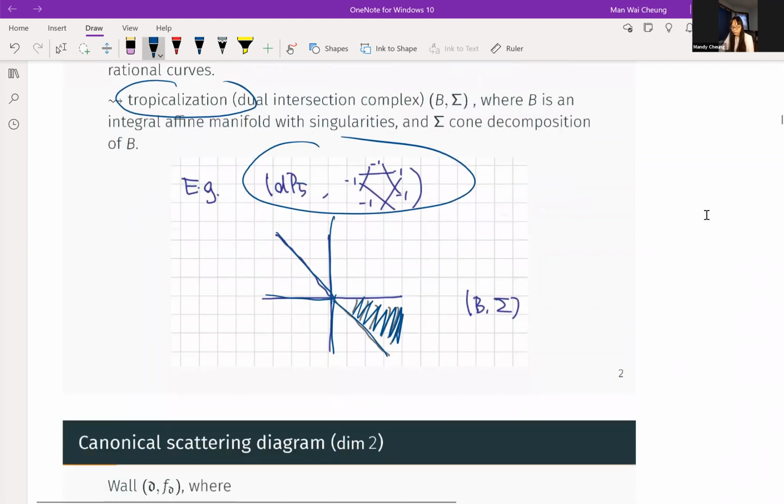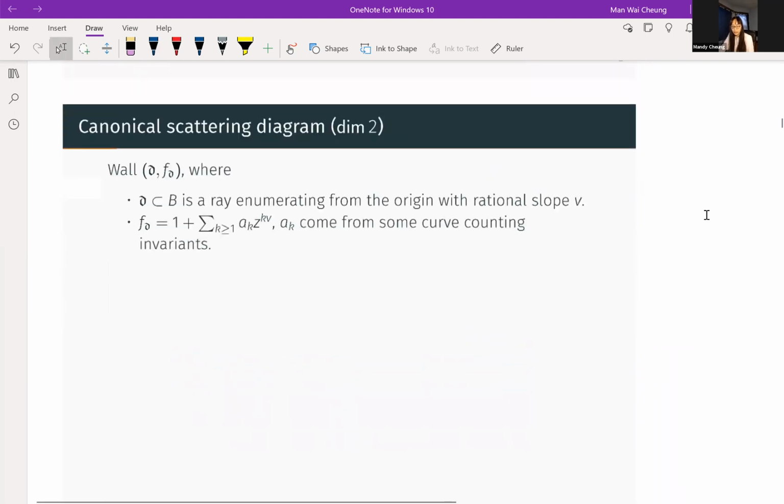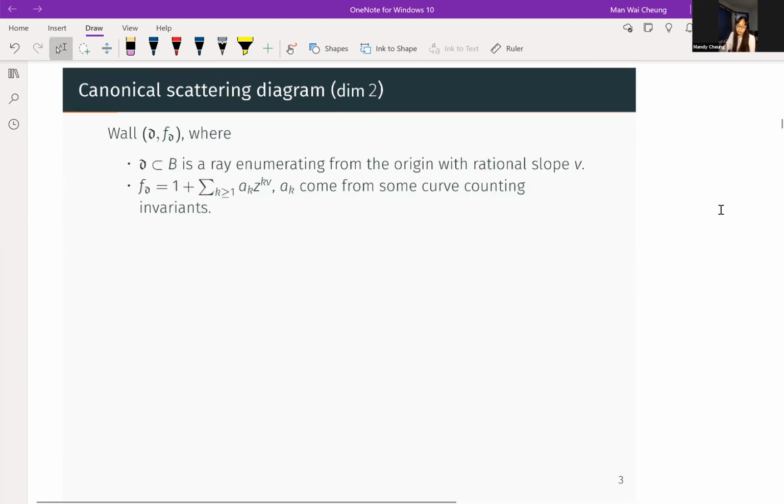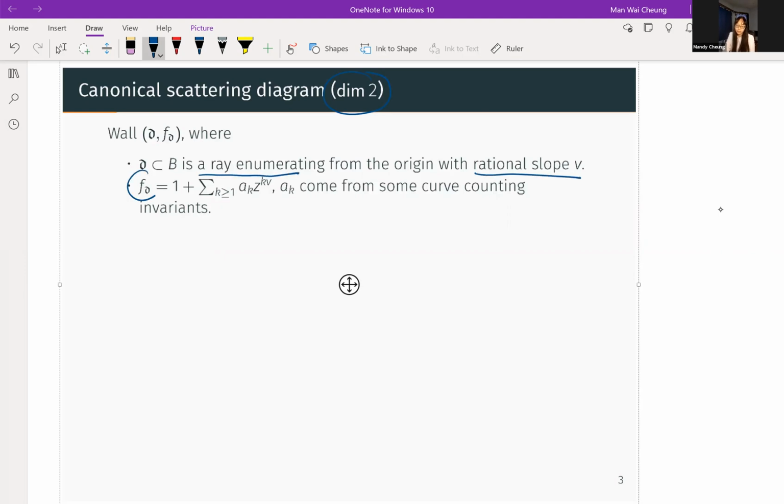The next thing, again as Mark mentioned today, is we subdivide the cone. In this case we didn't, but then we have this wall structure on this affine manifold, which has dimension 2. We have a wall with a rational slope, and then we have a function that is a polynomial or power series if we push to infinity, in terms of the exponent of that direction.